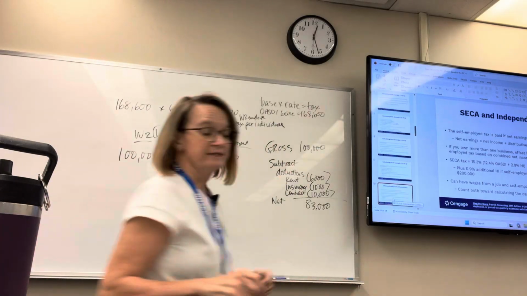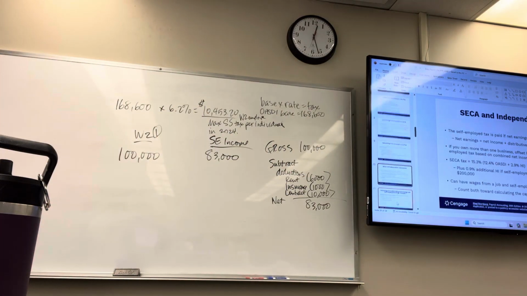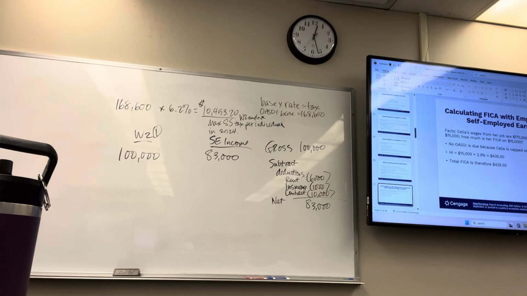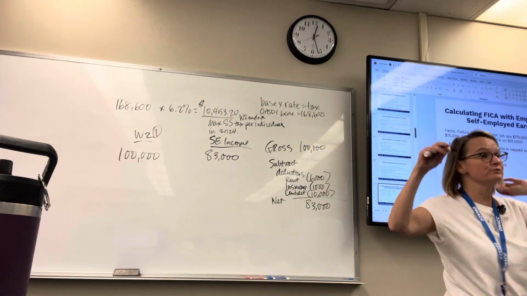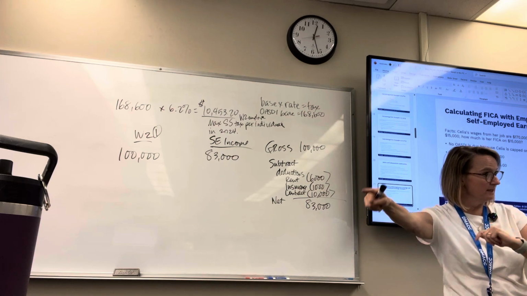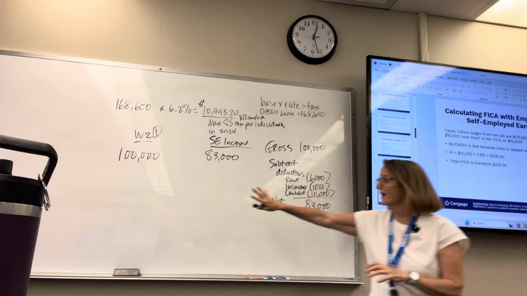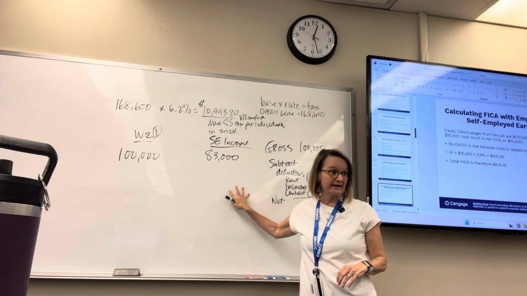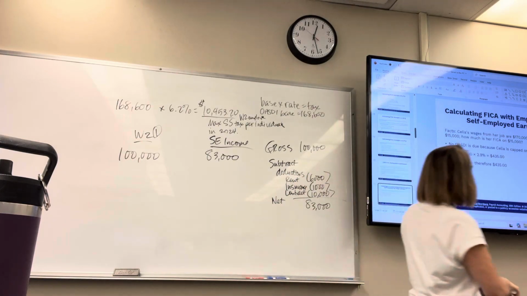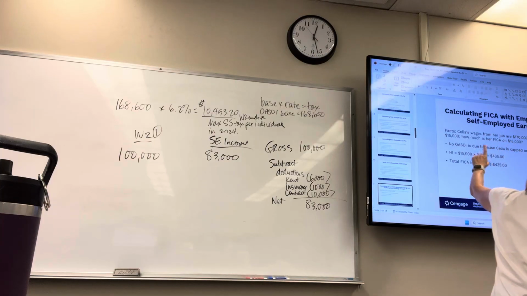All right, so let's look at it. Well, this is an easy one, and then we'll do a little bit harder one. I've got another step-by-step instruction in here for when we have W-2 income and self-employment income and that calculation, okay? All right, this one's pretty easy though. We've got Celia.